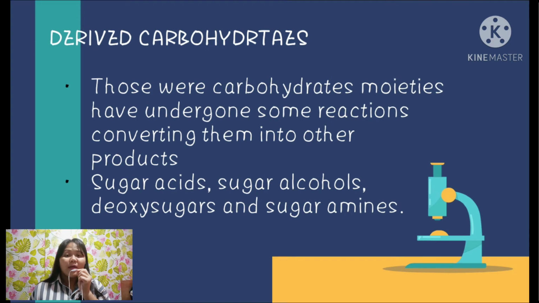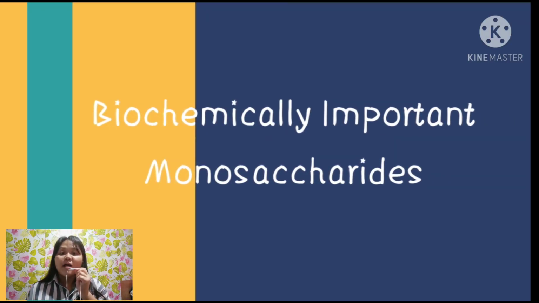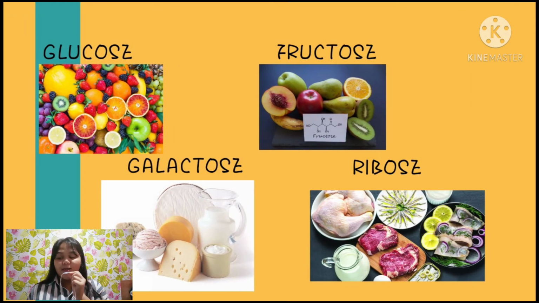Our next topic is about the monosaccharides that are biochemically important. In this slide, you can see four types of monosaccharide that are biochemically important. First is glucose, second is fructose, third is galactose, and last is ribose.